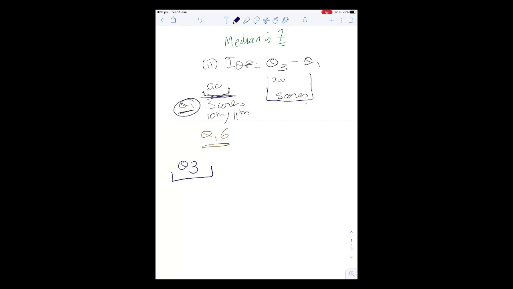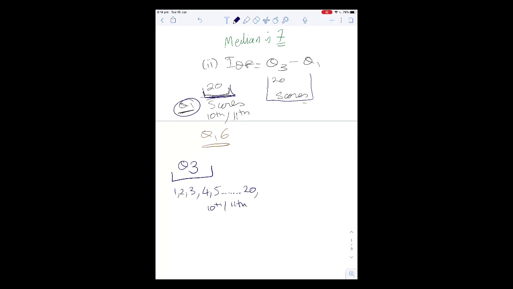Now, our Q1 was the first 20 scores, yeah? The median of the first half. What's the median of the last half? So remember, all my scores were 1, 2, 3, 4, 5, and so on. We got up to 20, and we said the median was the 10th and 11th score for Q1.